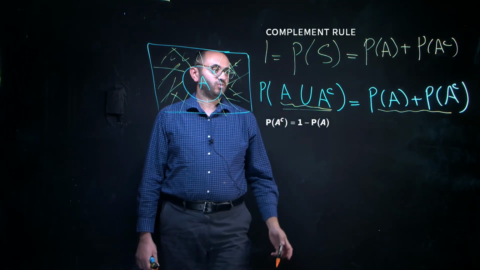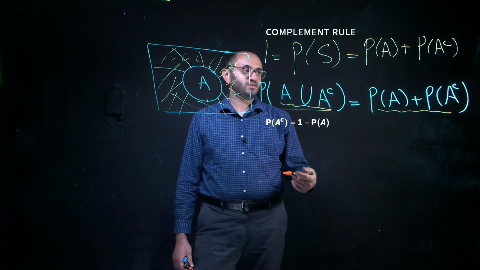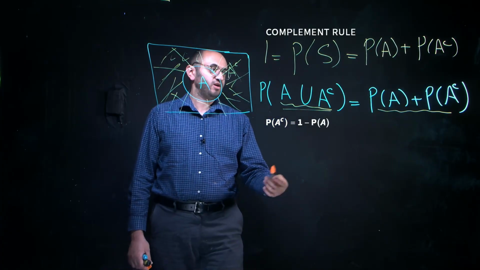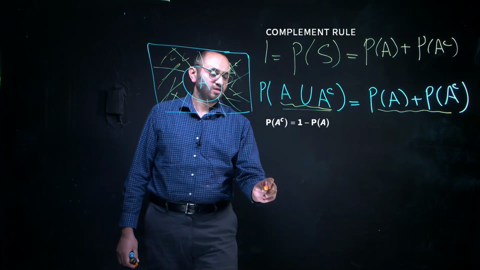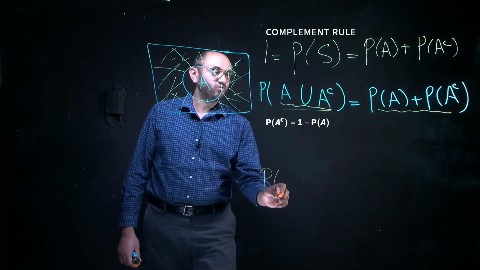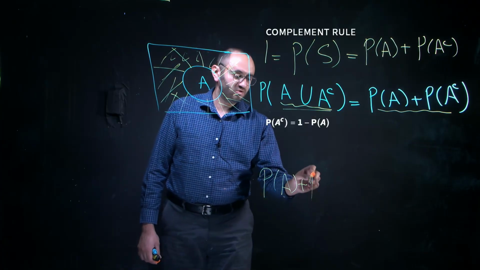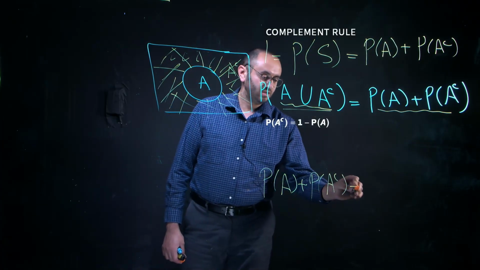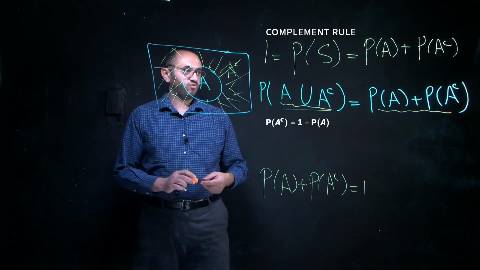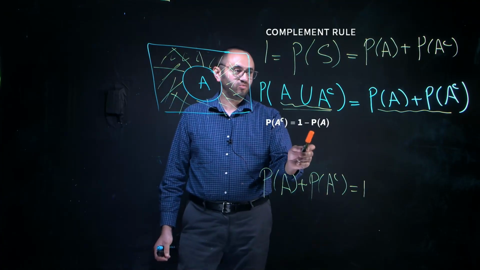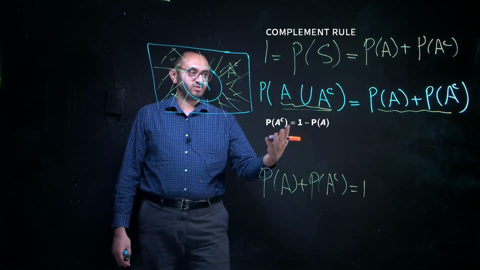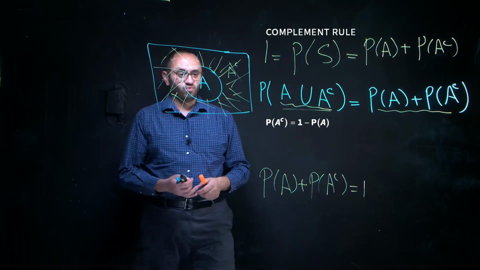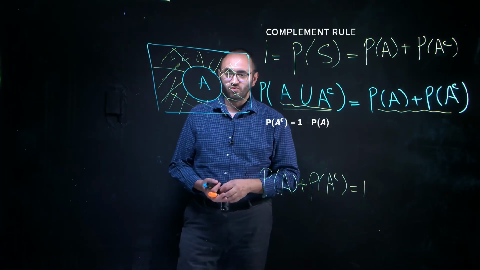Therefore, you can write the formula in a different way: probability of A plus probability of A complement equals 1. And from there, we have that probability of A complement equals 1 minus probability of A.